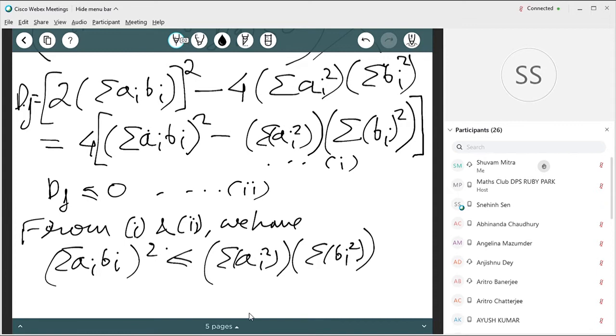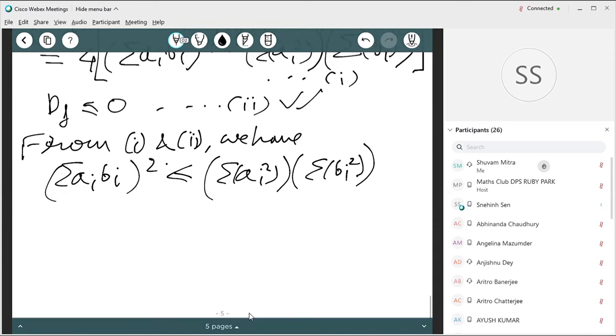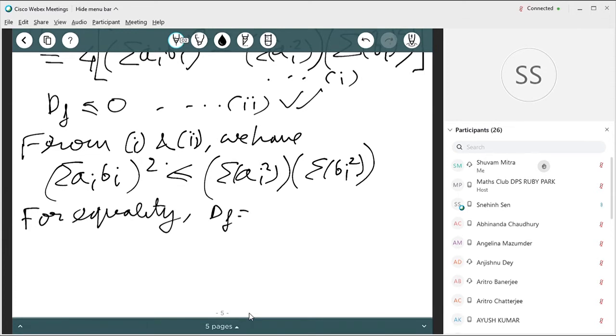And now for the equality case. Equality will hold if and only if there is an equality in 2. So let's write it down. For equality, df is equal to 0. So what would df equal to 0 imply?